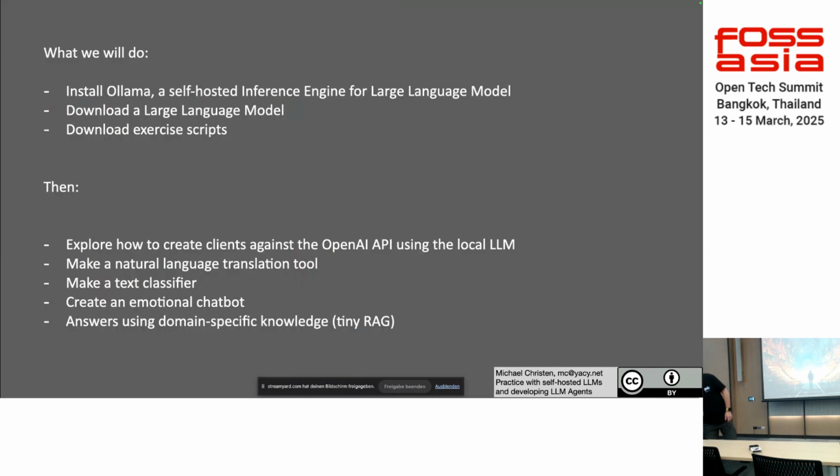So let's start with the idea of what I want to do. The framework we are using is Ollama. Ollama is a framework around Llama CPP. And Llama CPP is the first framework which appeared when the Llama model leaked 2 years ago. So it appeared almost instantly.